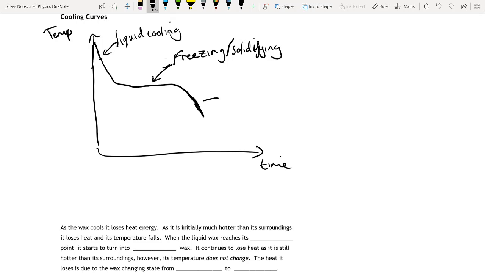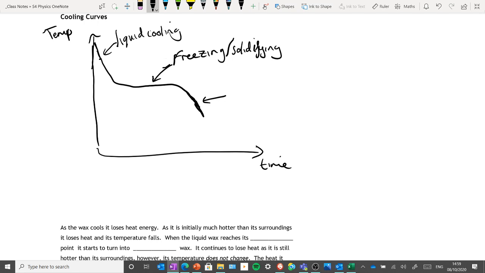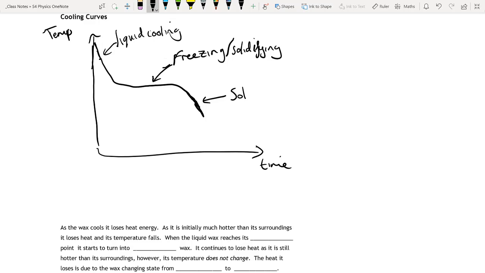And then when it starts decreasing again, we've got a solid that's just cooling down. It would just continue down. So this leveling out line is at the melting point.